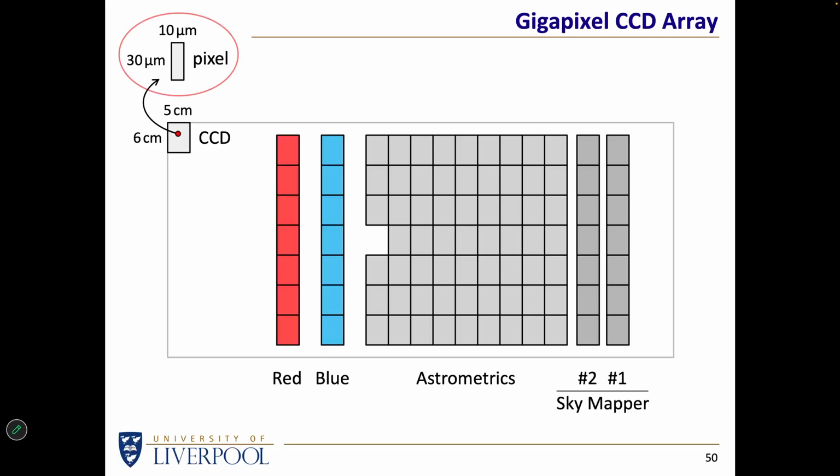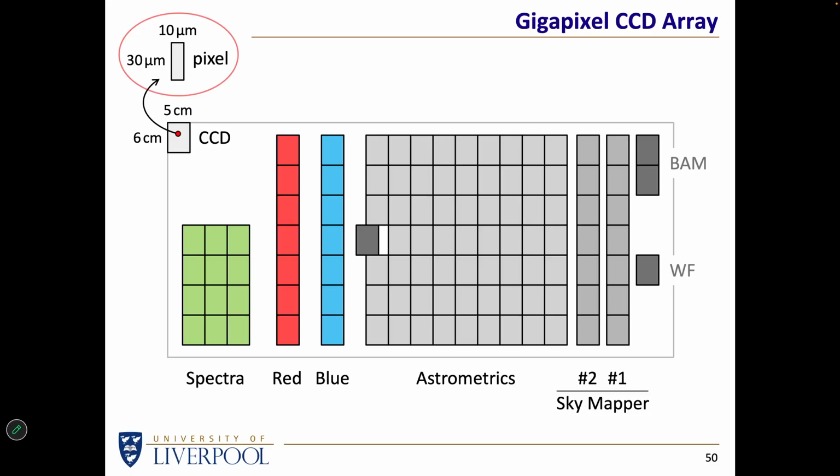After they've been through astrometrics, the light from the stars goes through a prism so that we can work out how blue is the star and how red is the star. Remember the Hertzsprung-Russell diagram. If we know the star's color, we know what type of star we're dealing with. For some of the stars, the light will also go through a spectrograph so that we get the full spectrum of the star as well.